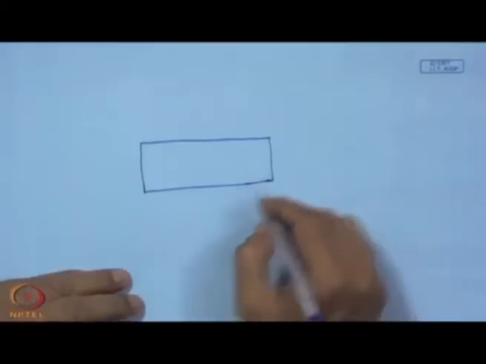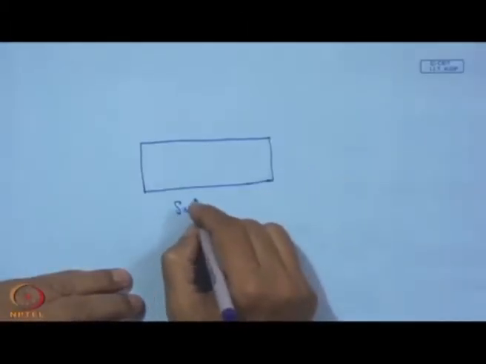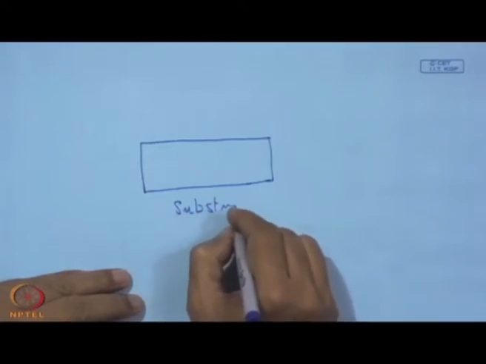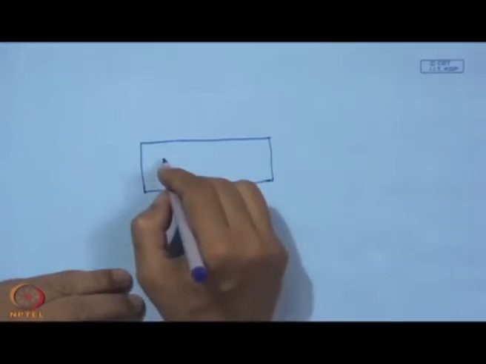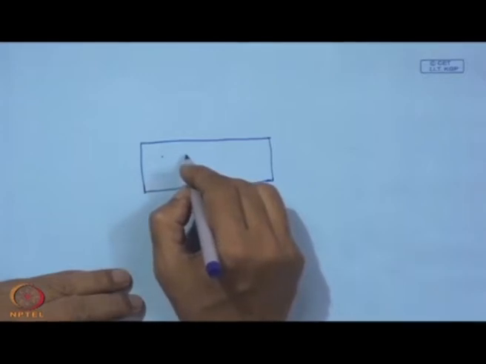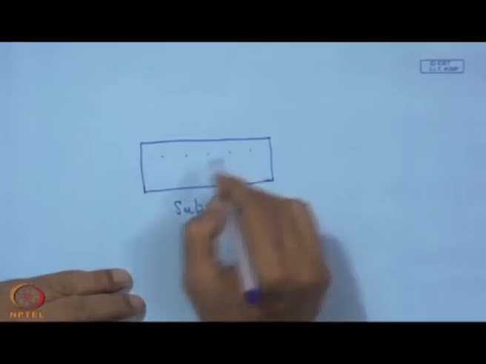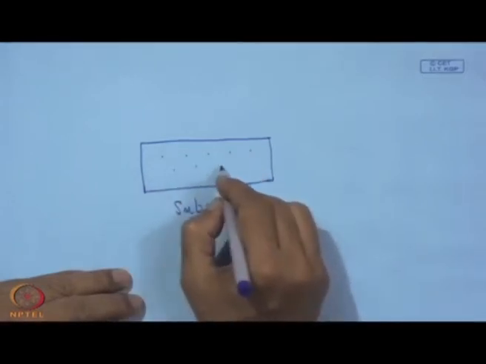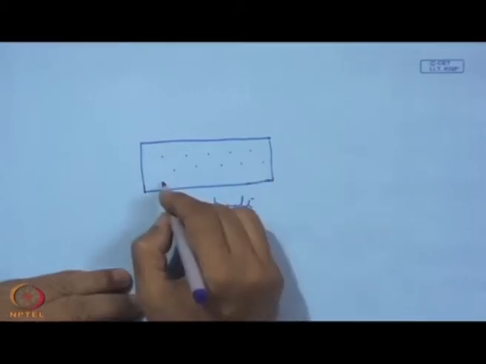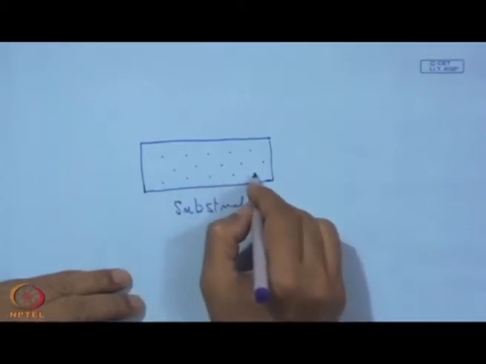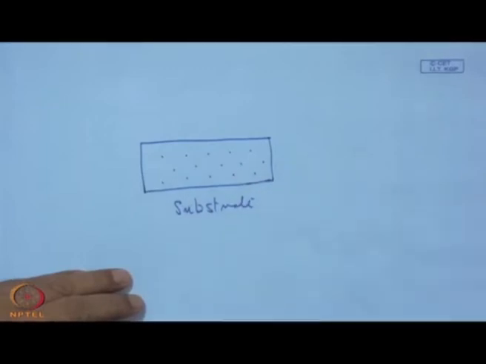There we needed a bonding material, but here, on the substrate, the diamond will keep on growing. Say we fix some points which are going to be the activation sites. That itself will become a technology.